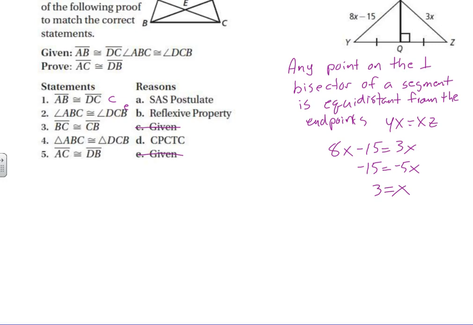BC congruent to CB, that's the reflexive property. The triangles are congruent by side angle side, and then CPCTC, that's the last one. So just notice that corresponding parts of congruent triangles always has to come after you've said that the triangles are congruent. Okay, so hopefully that's helpful for you.